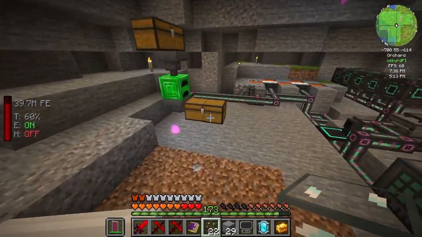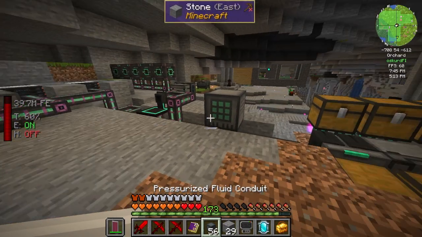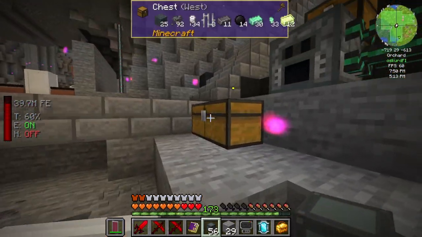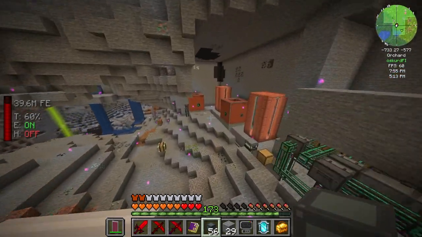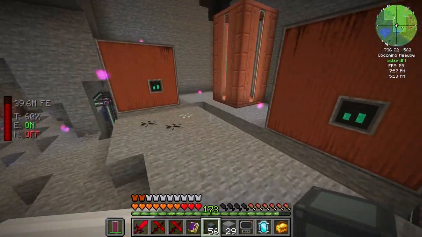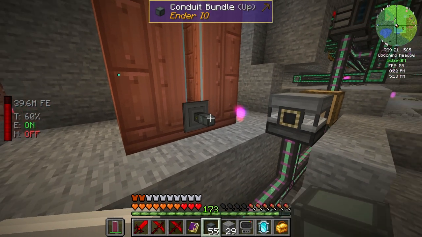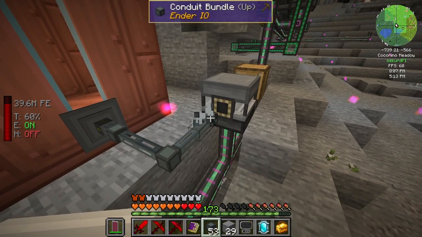Conduits. There we have 56. That's plenty. It might be that we have enough. Like here we just connect these.